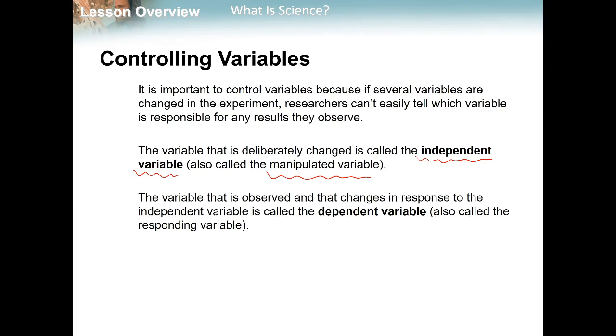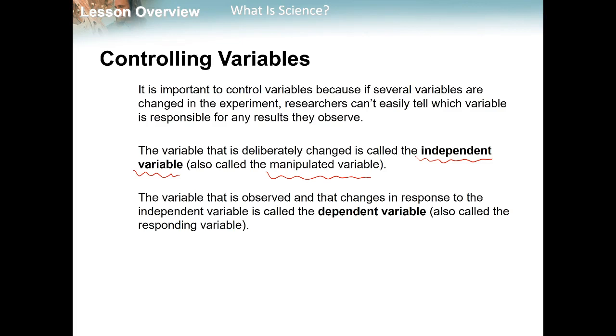But we're just changing that amount of nitrogen. We're not worrying about anything else. We're not worrying about the light. We're not worrying about the temperature or the amount of water or anything like that. It's just that nitrogen.